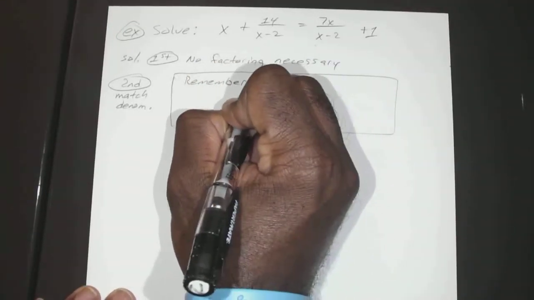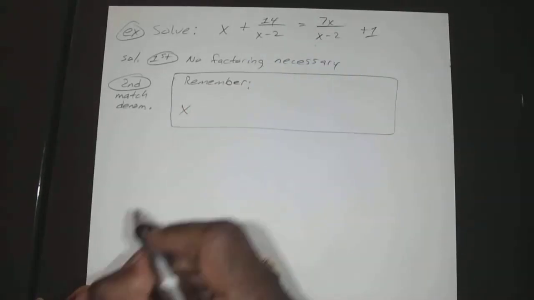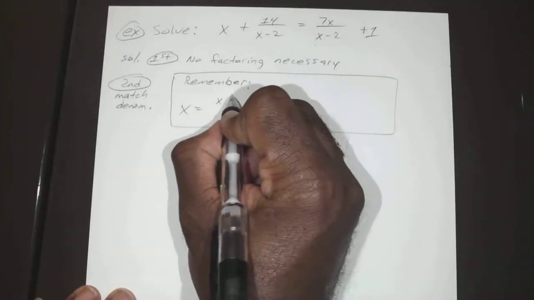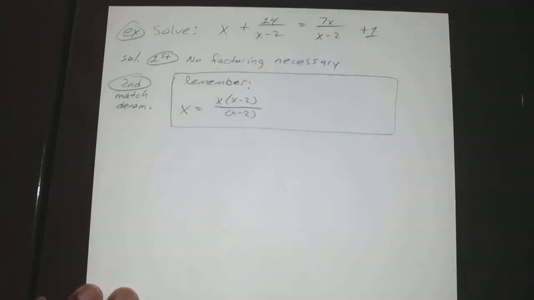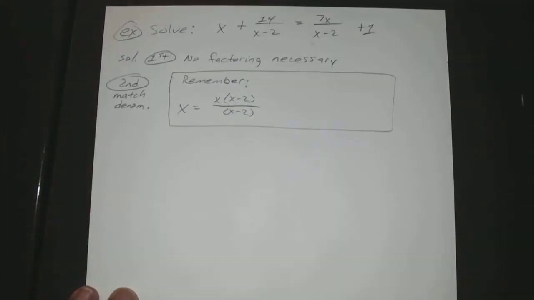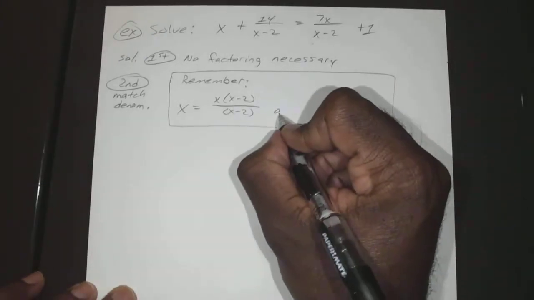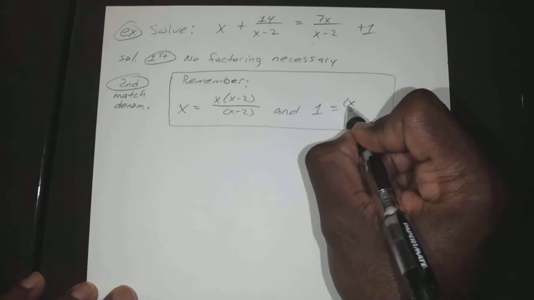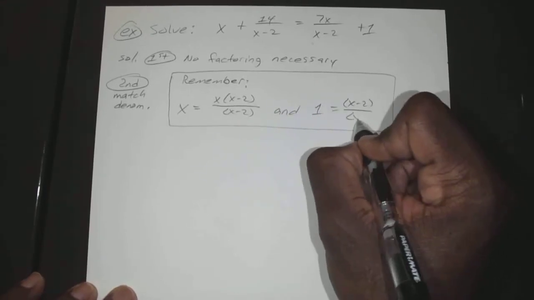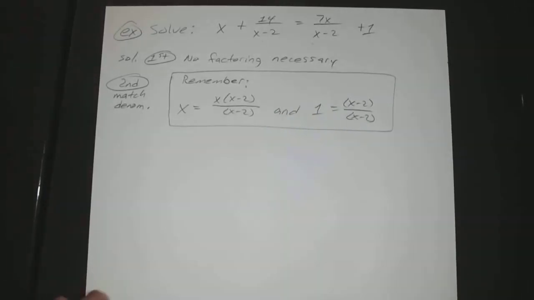You just have to remember that x can equal x times x minus 2 over x minus 2, so if you cross those x minus 2's out, you're left with x. And 1, we can make equal anything, so that could be x minus 2 over x minus 2. Now we have x minus 2's in the denominator all the way across.